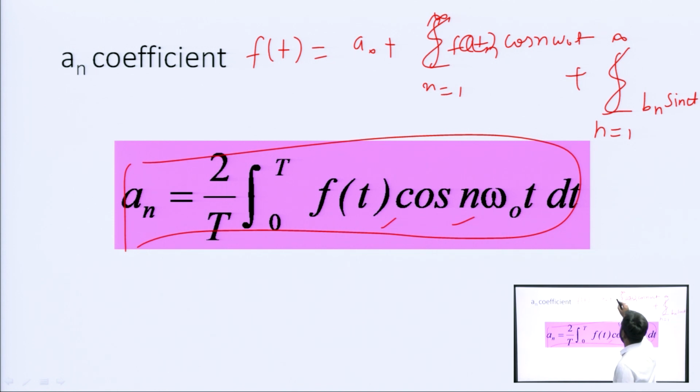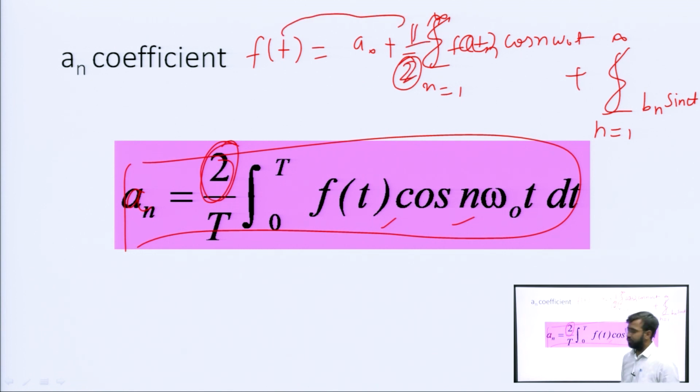In some books they might write 2 here, so there it will not be required to write 2 elsewhere. So, you have to remember any one form and check for this 2. Some people write 2 in the a n value, and somewhere this 2 is included in the formula itself. So, you have to check for this.